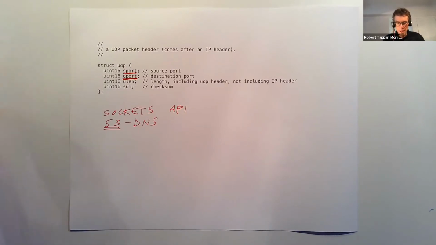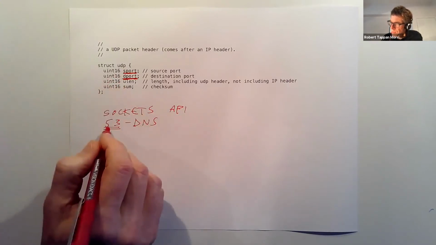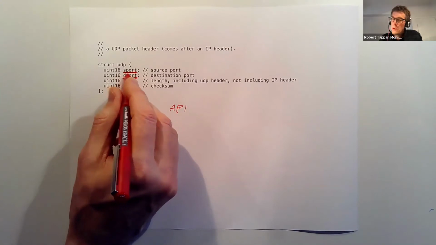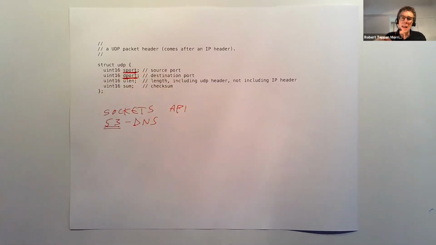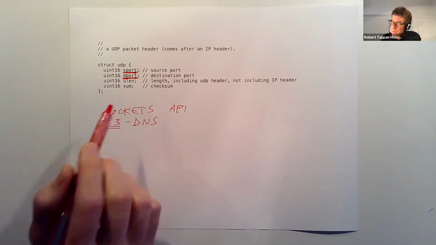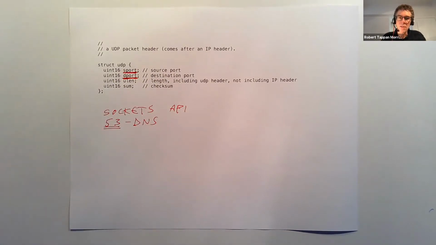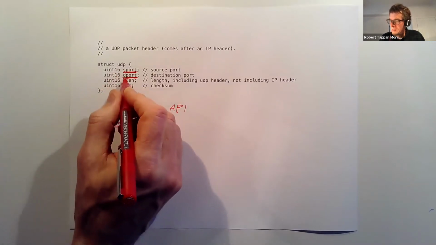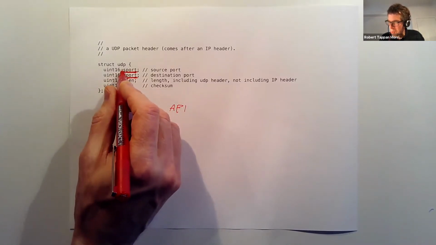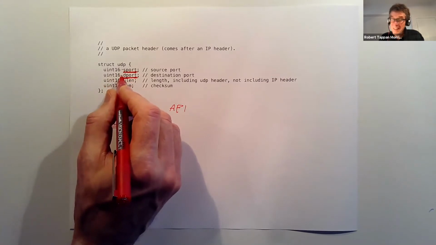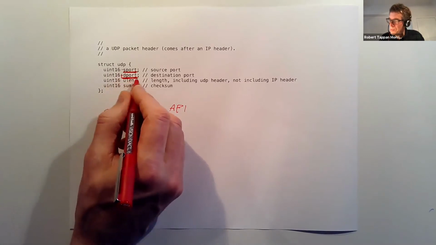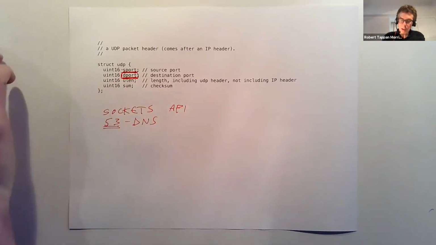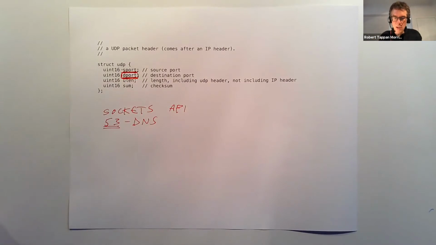So if I want to send a packet to a DNS server, its D port will be 53, but its S port will be a more or less randomly chosen number for my end, associated with my application's socket, so that when the DNS server sends a reply, it will copy the request source port into the destination port field of the reply, send it back to my machine, and my machine will use this port number to figure out which application should get the reply.